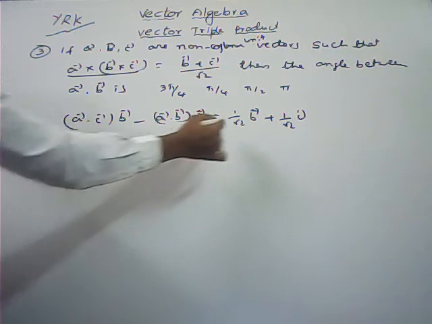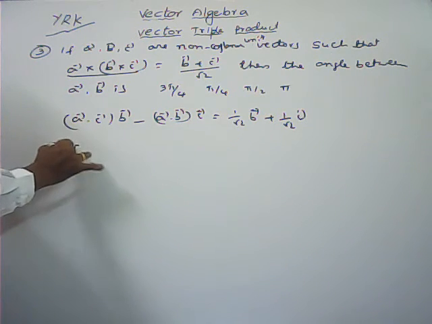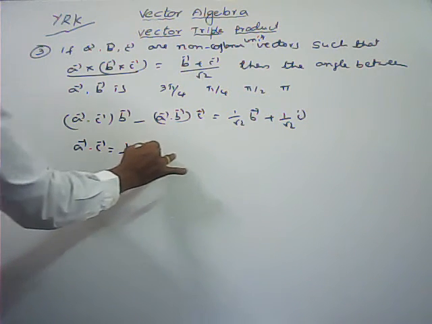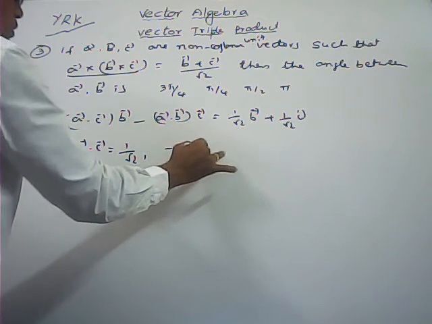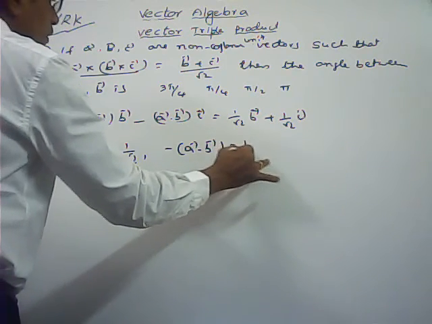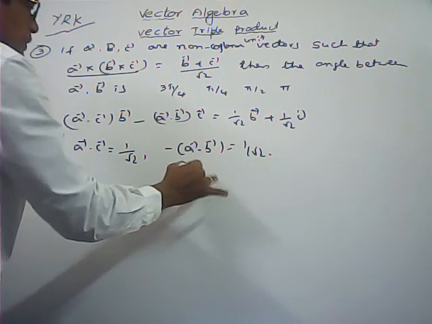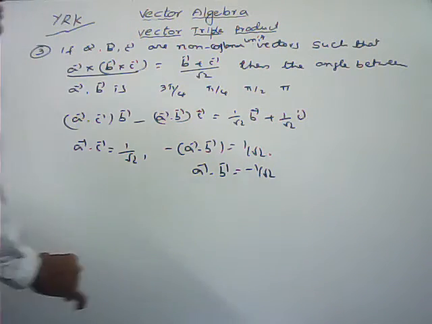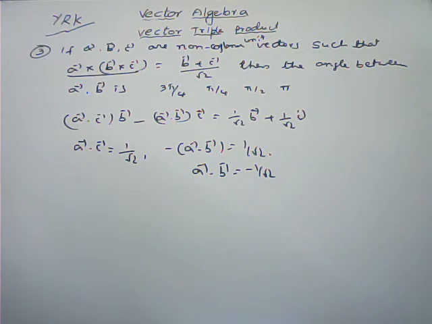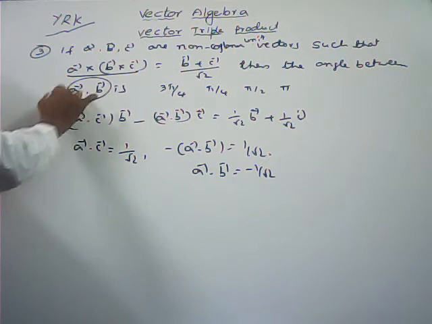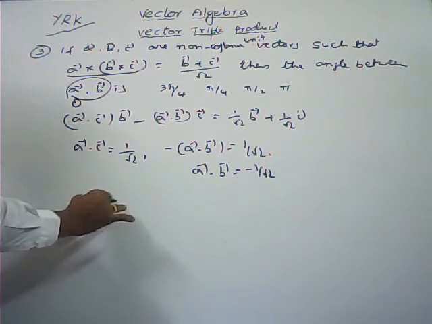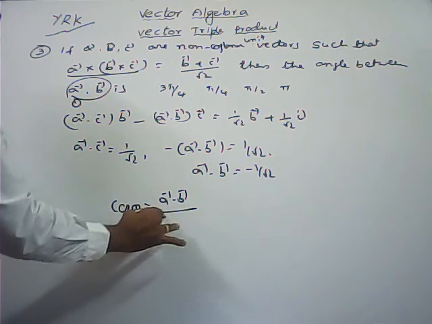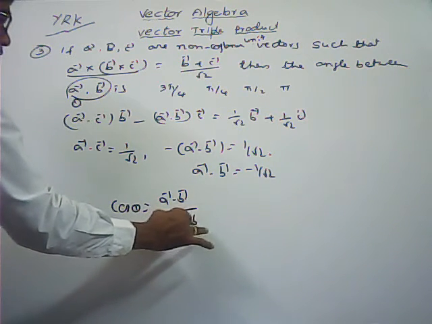Here b bar coefficient 1 by root 2, here b bar coefficient a bar dot c bar, that is equal to 1 by root 2, and minus of a bar dot b bar, that is equal to 1 by root 2. Otherwise here a bar dot b bar, that is equal to minus 1 by root 2 we can say. Angle between a bar and b bar you can take theta. So cos theta, that is equal to a bar dot b bar upon modulus of a bar into modulus of b bar.